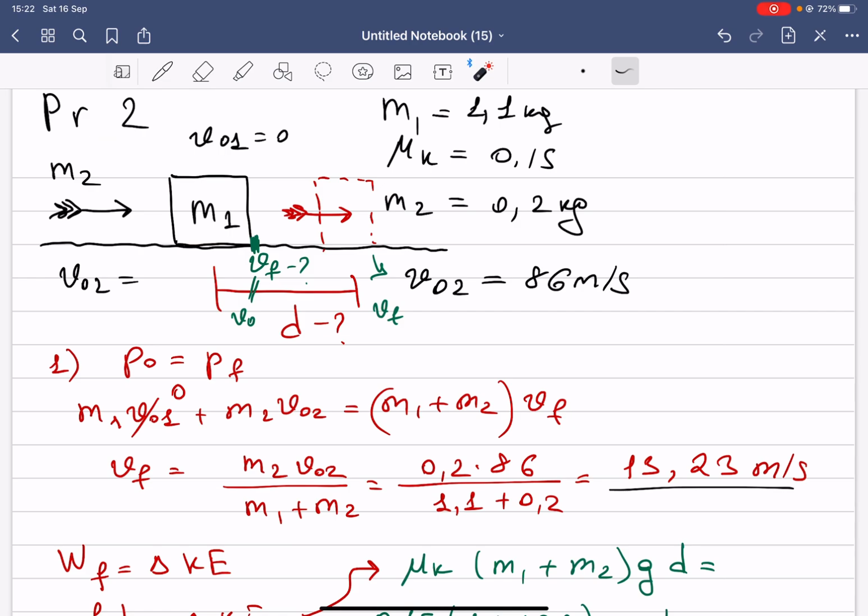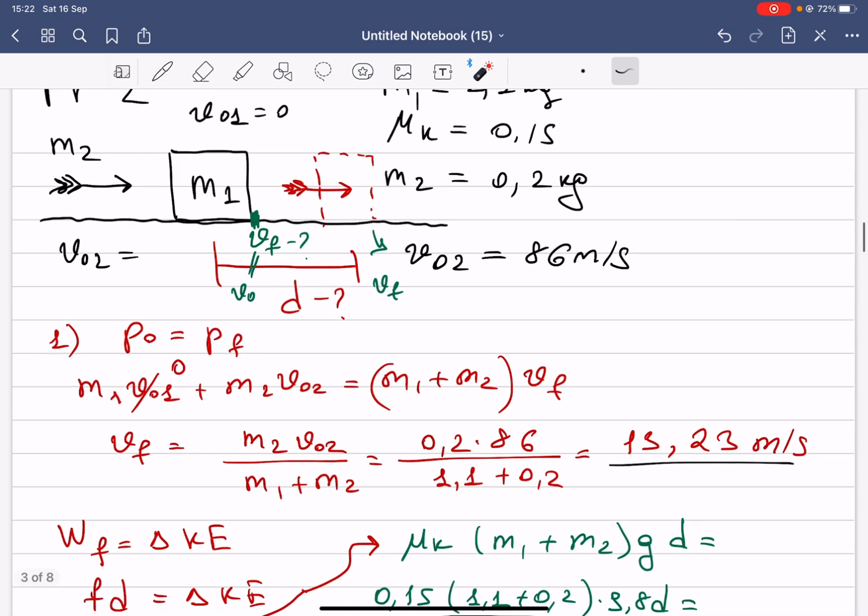So let's start first with the consideration of momentum. Momentum initial is equal to momentum final: mass 1 V initial 1 plus mass 2 V initial 2 is equal to the final momentum, mass 1 plus mass 2, because they stuck together, multiplied by the final velocity. Since the box is at rest, V initial 1 is 0.